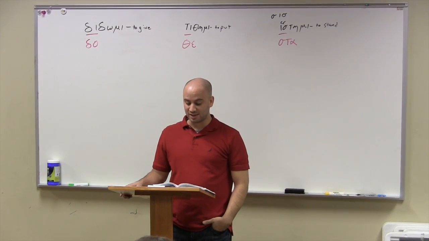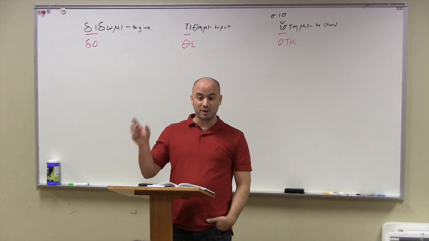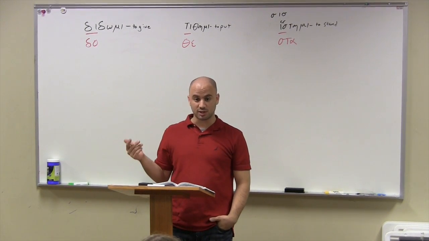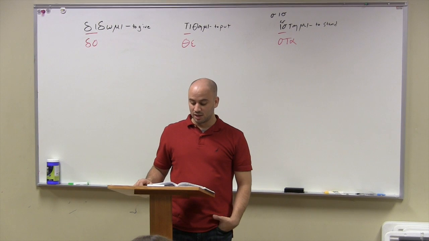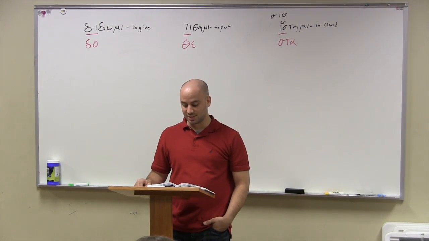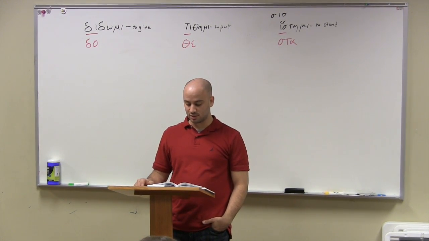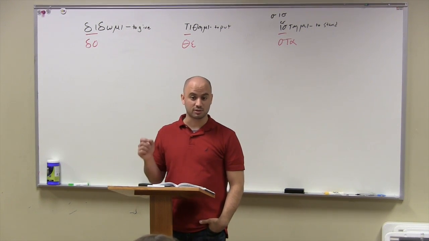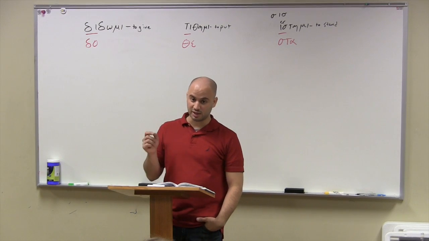So present middle passive, remember our middle passive endings were mai, sai, tai, metha, sthe, ntai. We have them right here. Didomai, didosai, didotai, didometha, didosthe, didontai. And we think that that omicron there is, as I just hinted at, the connecting vowel. It's not.